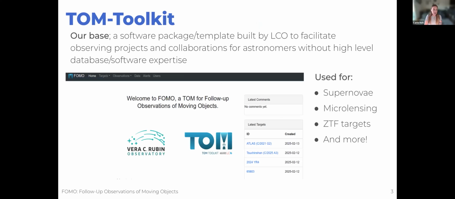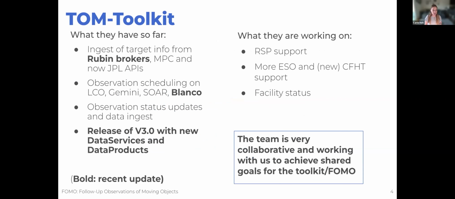So our base is the TOM Toolkit. This is a software package built by LCO to allow different projects and collaborations to coordinate their observations without needing high-level database software expertise, which is good because I do not have that. It's widely used for supernova science, microlensing, ZTF targets, and more.